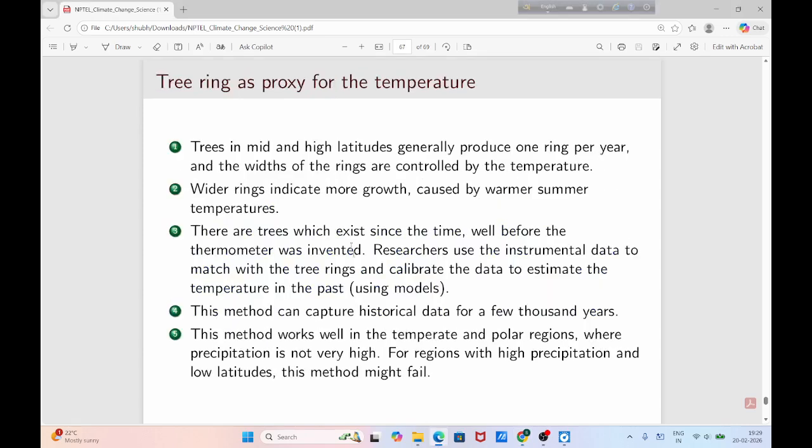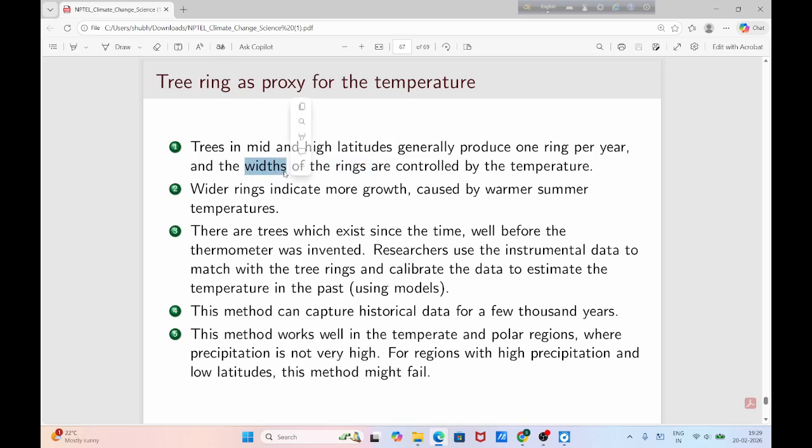Now I am discussing tree rings as a proxy for temperature. I will tell it simultaneously in English. Trees in mid and high latitudes generally produce one ring per year, and the widths of the rings are controlled by the temperature. If the temperature is higher, the growth will be greater. Not the number of rings, just the diameter, the widths of the rings.